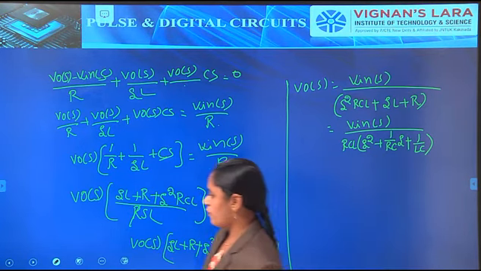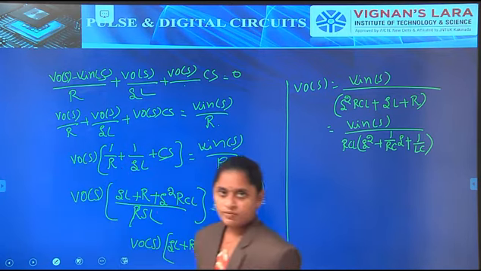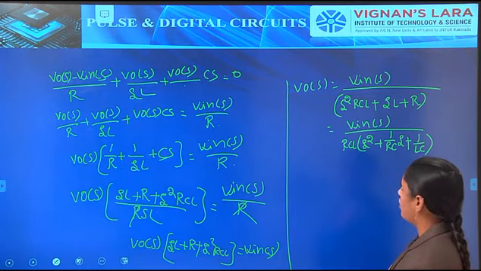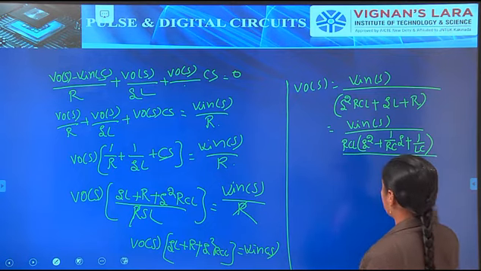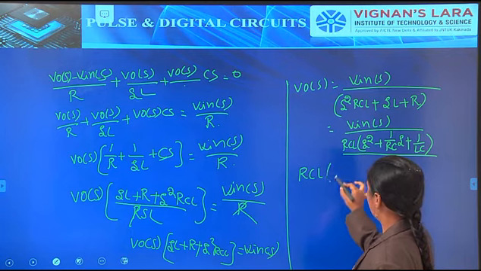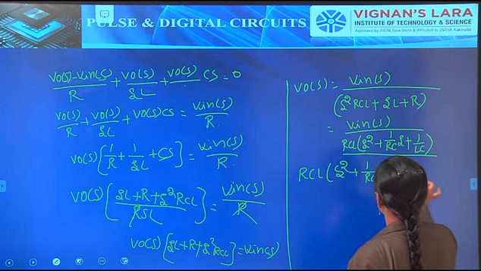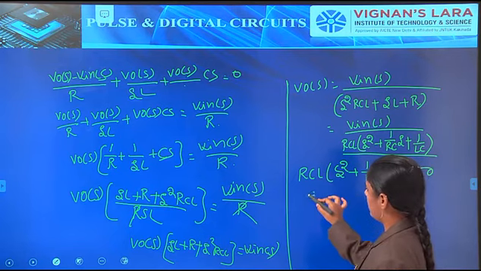So again we go for the normal method for finding the roots of S. First we have to consider this one as 0. So that is RCL times S square plus 1 by RC S plus 1 by LC, which is equal to 0.